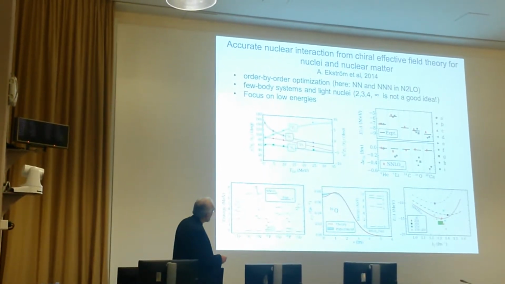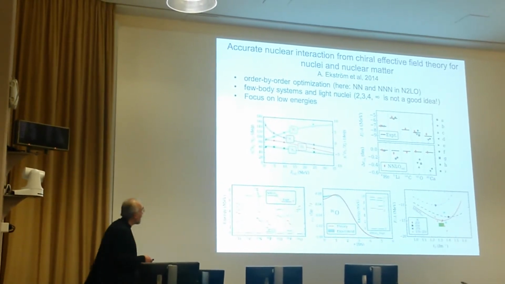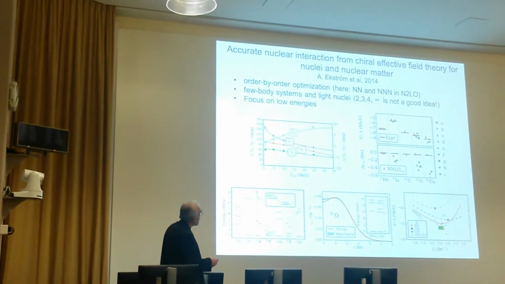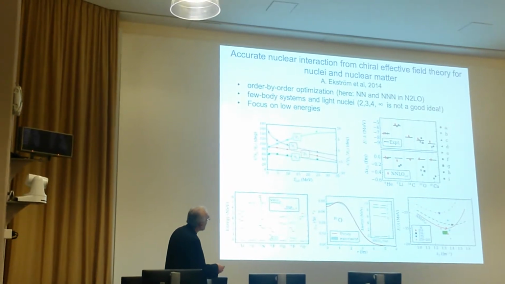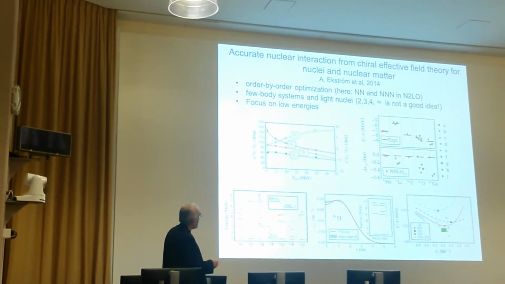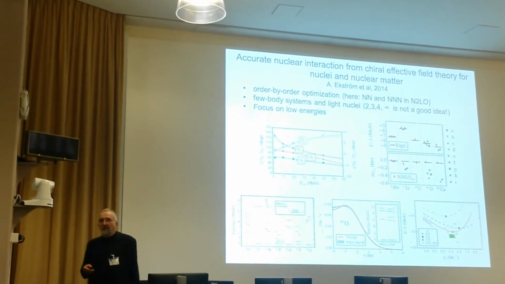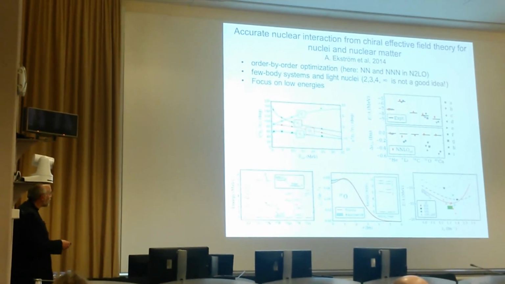The new interaction is called NNLO-SAT because it provides saturation, and you can see here the residuals between experiment and theory provided by this interaction and by other models. This is for binding energy, and this is for the radius. So for the first time, the radii of heavy nuclei are well reproduced, and these are the excited states.